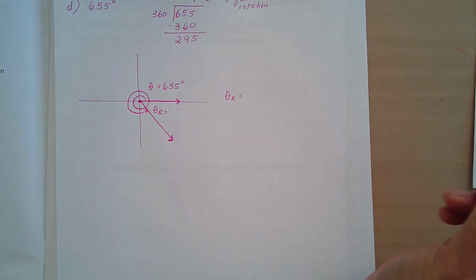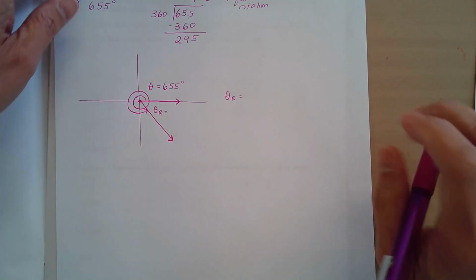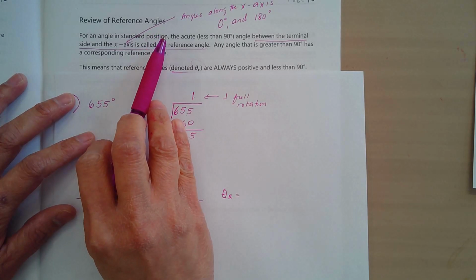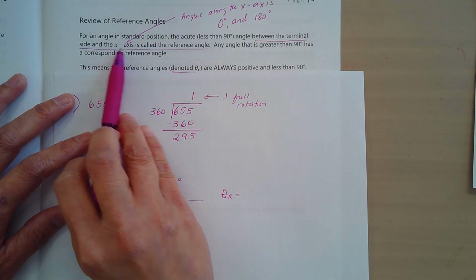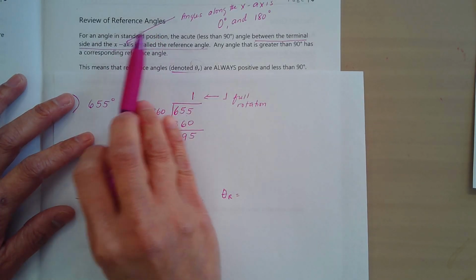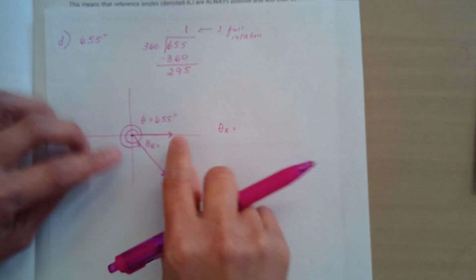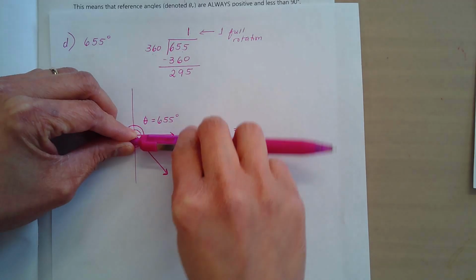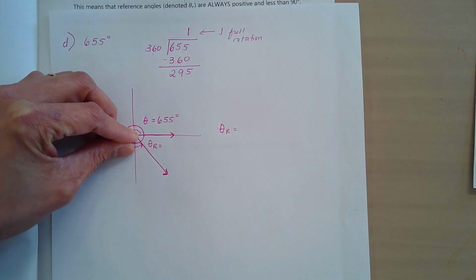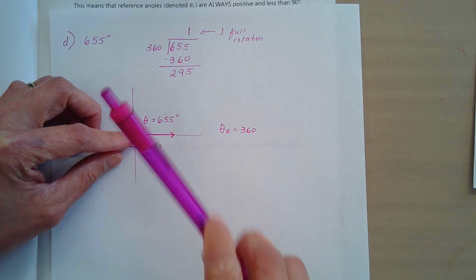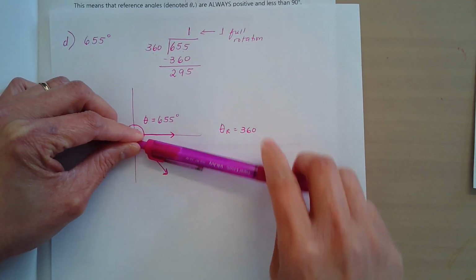I know that the reference angle is always between the terminal arm and the x-axis. So the x-axis, if I do a full rotation, which is basically what your classmate said here, that will give me the 360, okay?